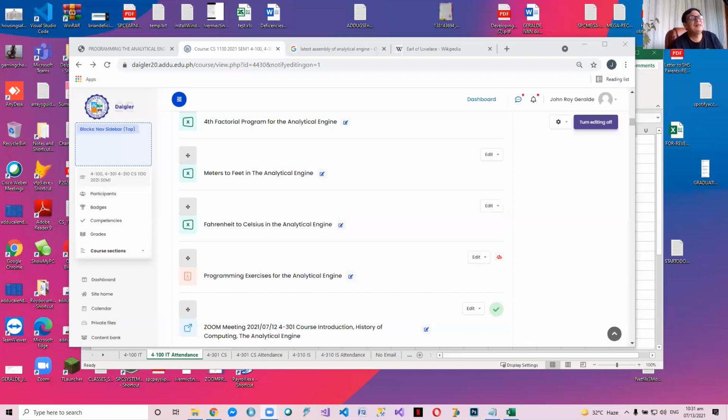Are you still there? Kindly respond. Everyone, before I proceed now. Okay. So how do you compute the fourth factorial? Anyone? What is the first factorial? So what is the first factorial? So we have an answer. It's correct.